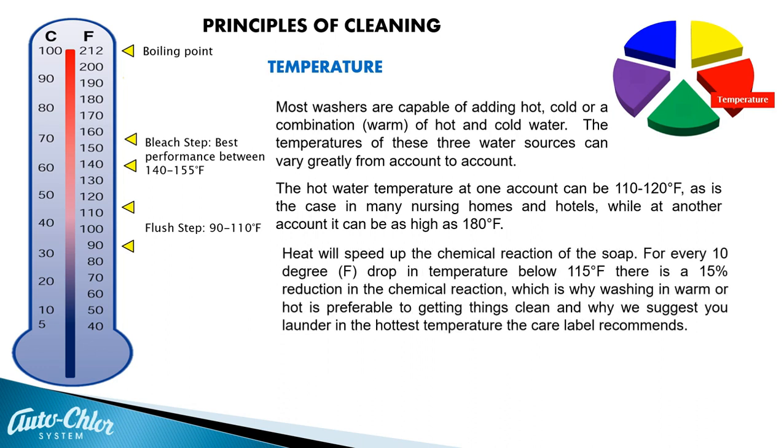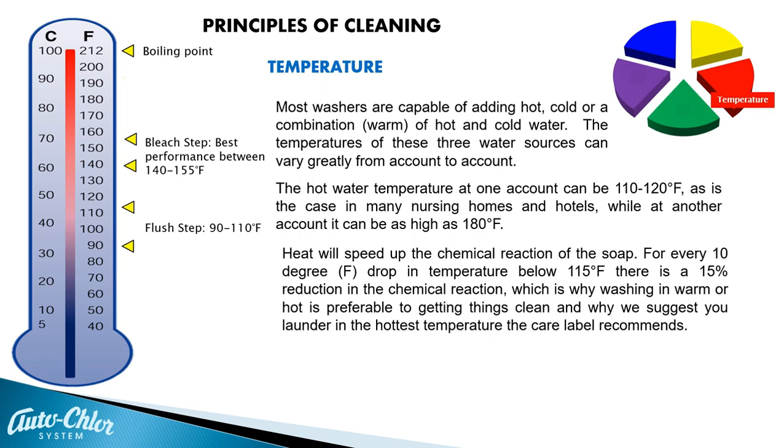The heat or the temperature of the water can actually speed up the chemical reaction of our detergents and help remove soils quicker. The temperature also affects the type of soils. If we have greasy food soils, the hotter the temperature, the easier it is to wash out.